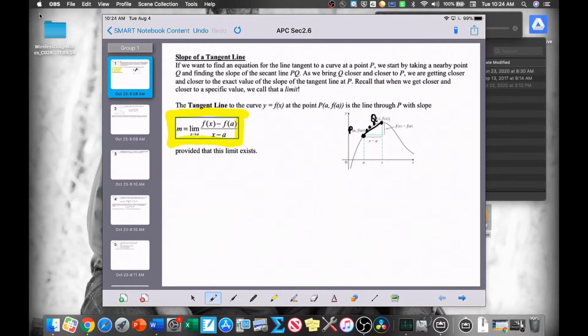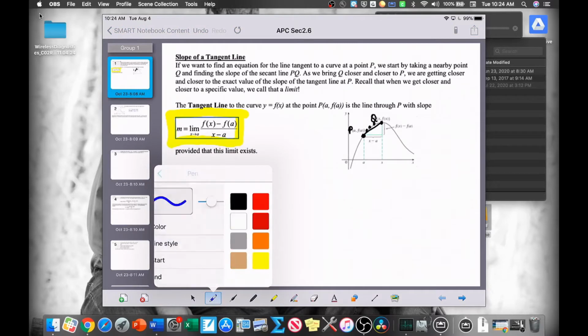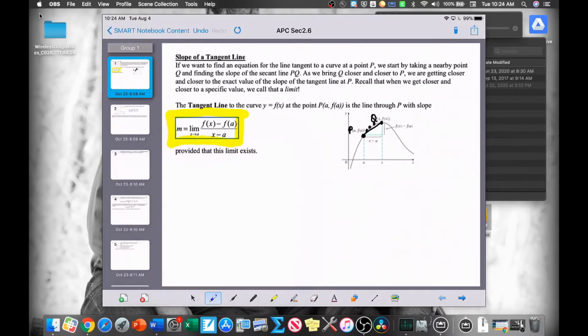And I want to put a little note here because we actually have two equations for slope in calculus. So this equation we are going to use when we have a specific point P where we want to find slope.